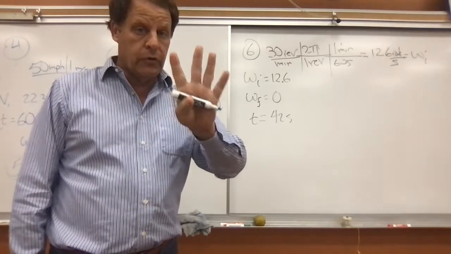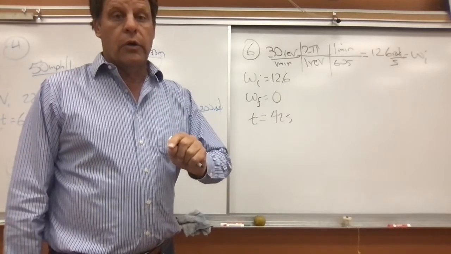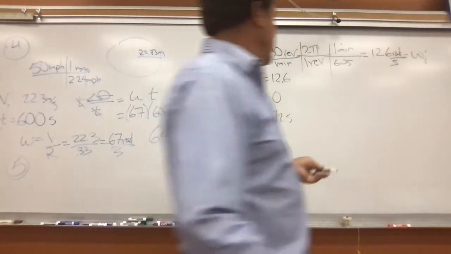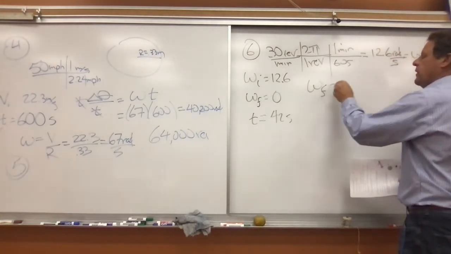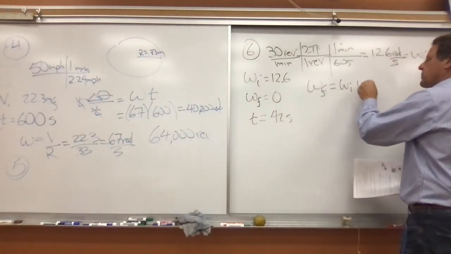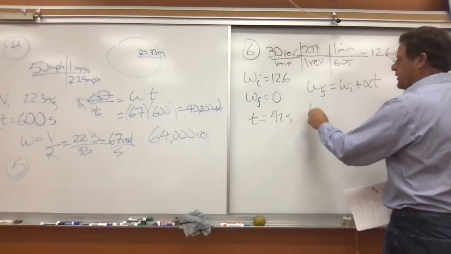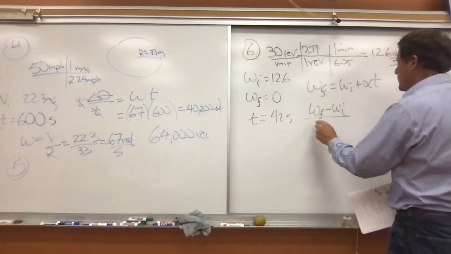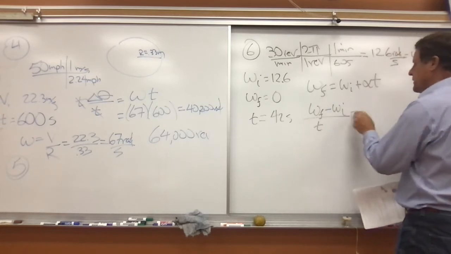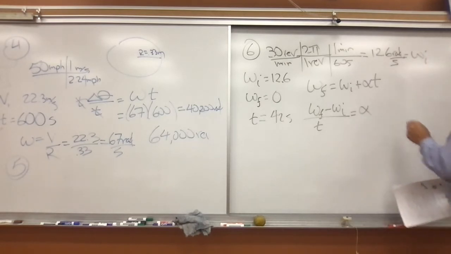So remember, those 4 kinematic equations are going to be translated into the angular sense. And one of those, which is what we're going to use, is omega final is equal to omega initial plus alpha t. So omega final minus omega initial divided by t is going to give us alpha.